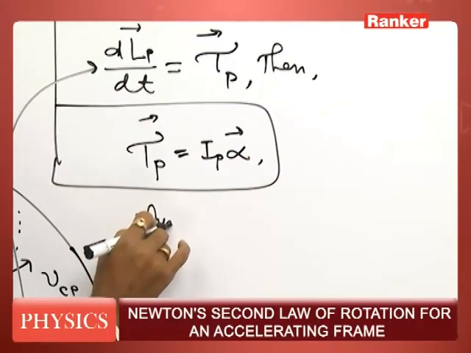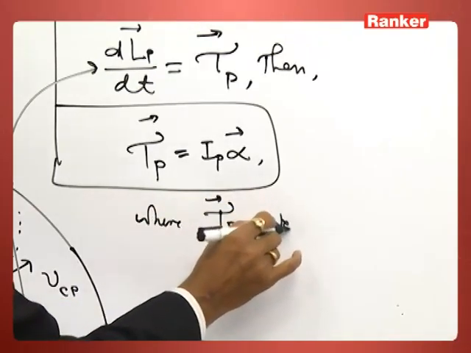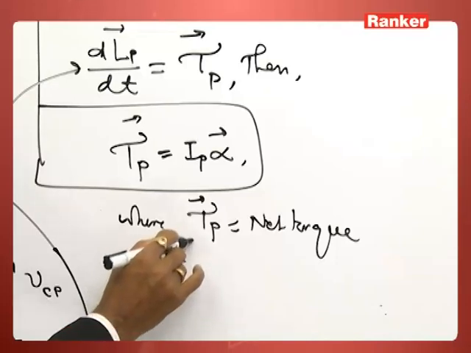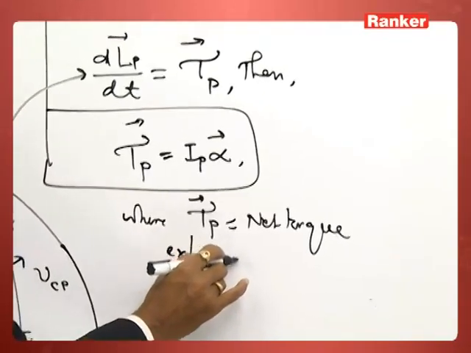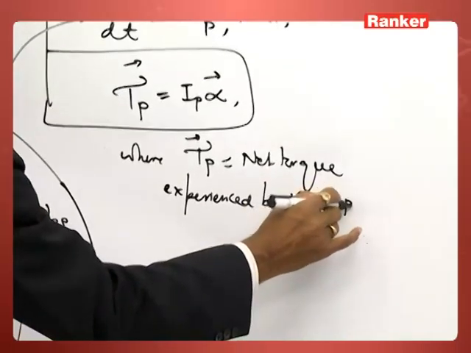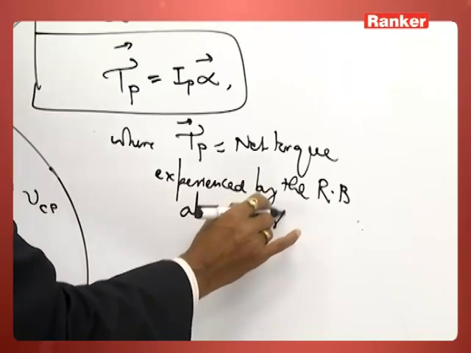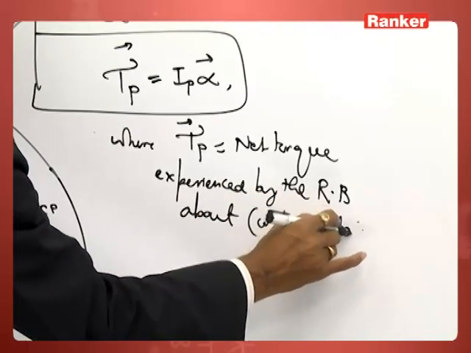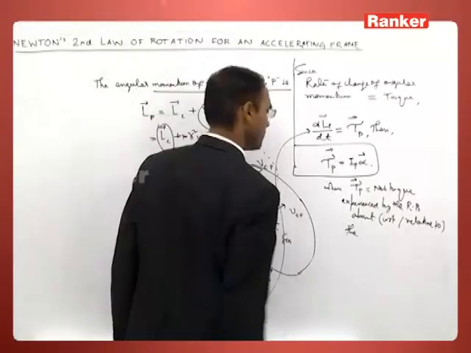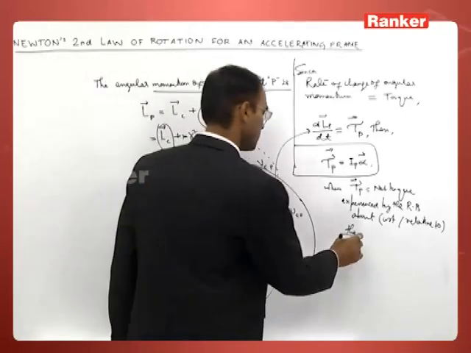Here, tau p is the net torque experienced by the rigid body about, or with respect to, or relative to the axis passing through the pivot.